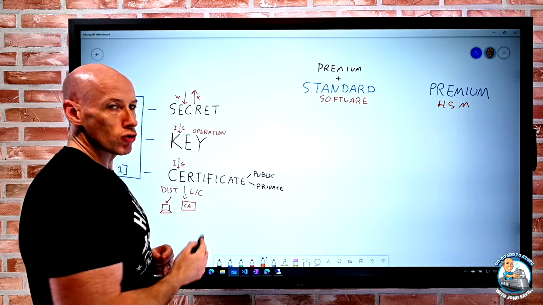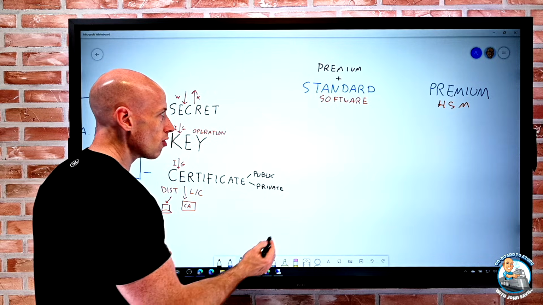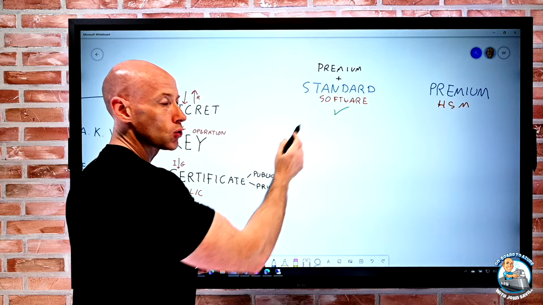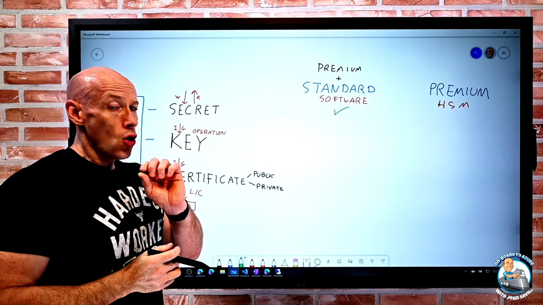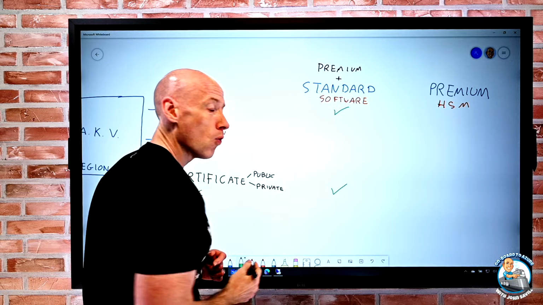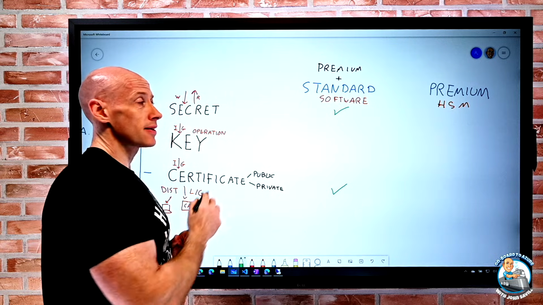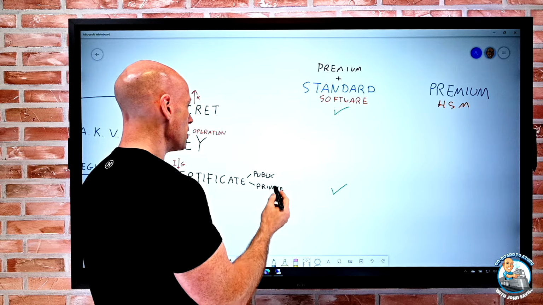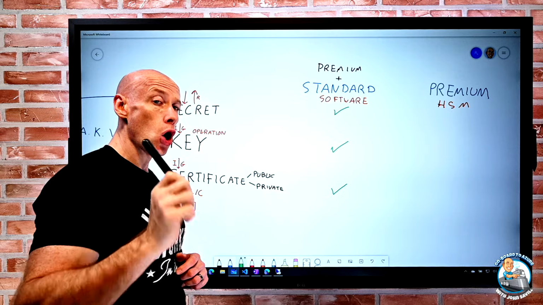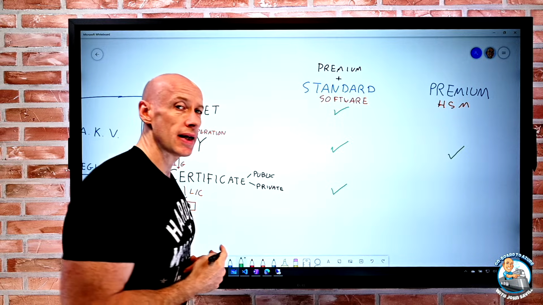So secrets are always stored in software. Whether I'm using standard or premium, secrets are stored in software. Whether I'm using standard or premium, certificates are always stored in software. Now, for keys, both standard and premium can store in software, but only premium has also the option to store it in HSM.